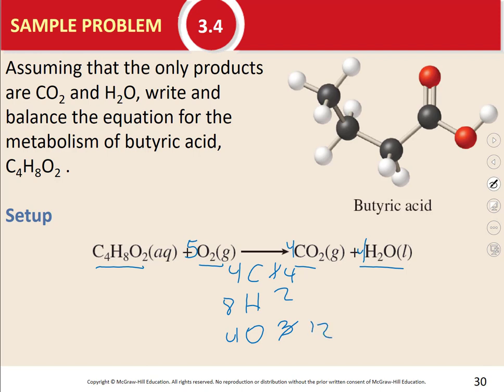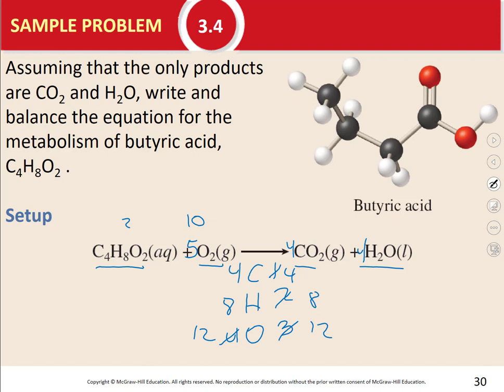Hydrogen, 4 times 2 is how many? 8. Now on this side, I have 2 oxygens from my butyric acid, and 5 times 2 is 10. So 2 plus 10 gives me 12.